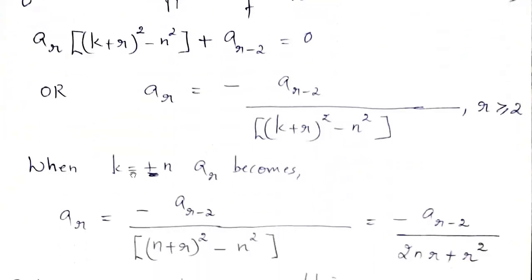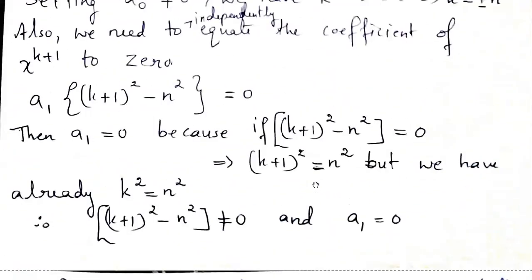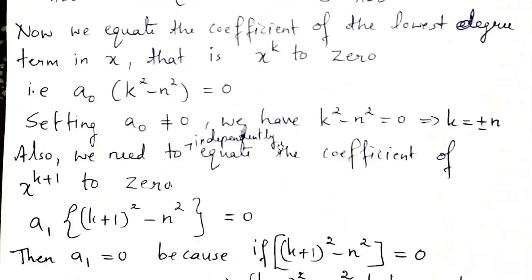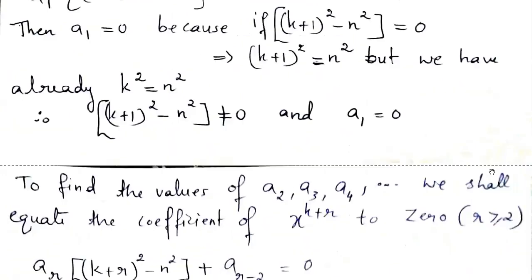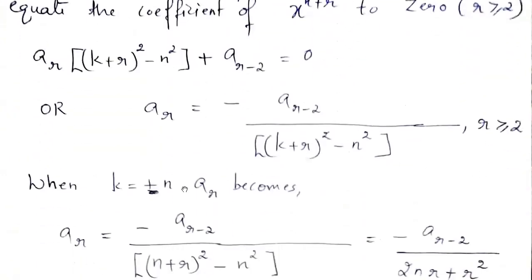Now here, when you have solved this initial equation, you got two different values for k, that is k is equal to plus or minus n. By taking one value, k is equal to plus n, we continue the next case. So when you take k equal to plus n, what will be a_r?